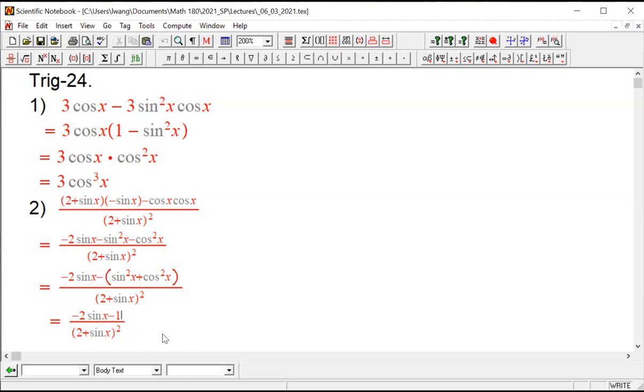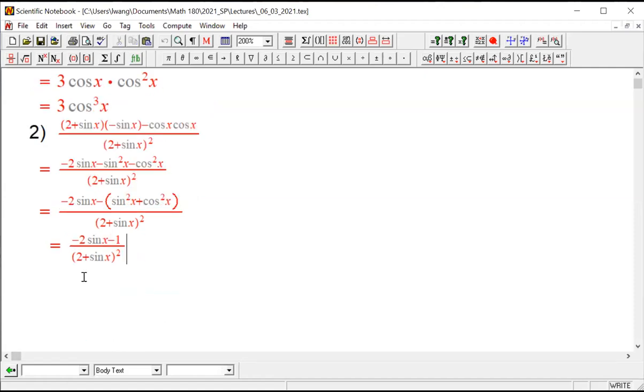Simplified, factor form. Okay, you have a quotient, you have a denominator. Denominator will never be 0. You don't have to worry about it because sine is what? So when you analyze this form, the domain is all real numbers if you think about domain, because sine x is between negative 1 and 1.